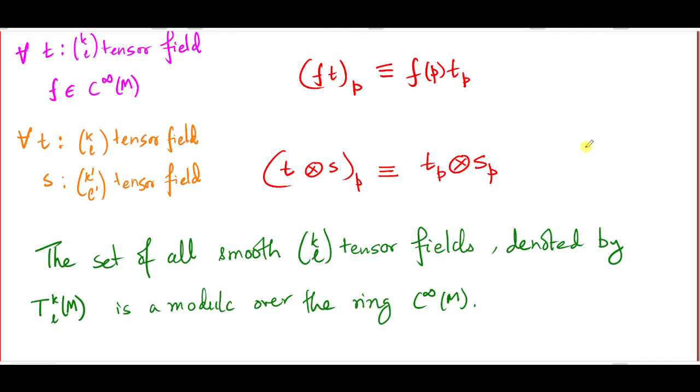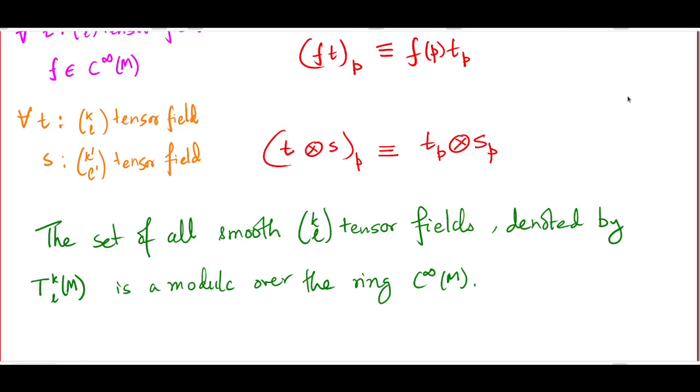Of course, this set is also a linear vector space over R, but restricting the multipliers only to numbers sort of detracts from the power of tensor fields. So we ignore the vector space structure and focus more on the module structure of T^k_l M. Note that whatever we have said here so far is valid for all non-negative k and l.